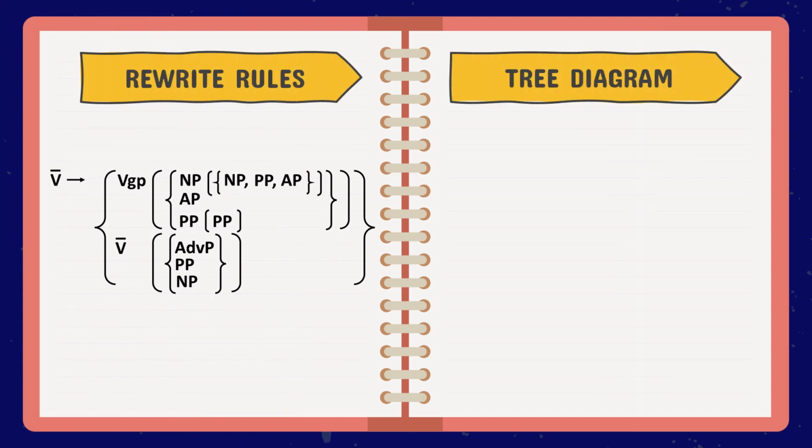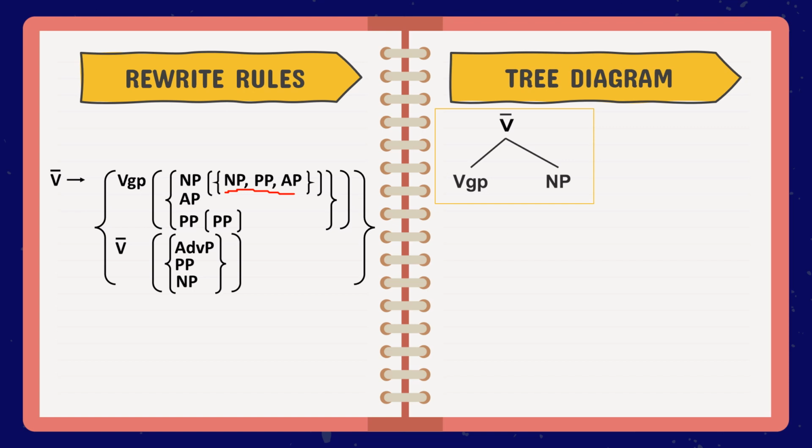These are the phrase structure rules of V-bar. A V-bar consists of a verb group and a noun phrase. This is our illustration. And as you have observed, there are other elements like noun phrase, prepositional phrase, or adjective phrase.